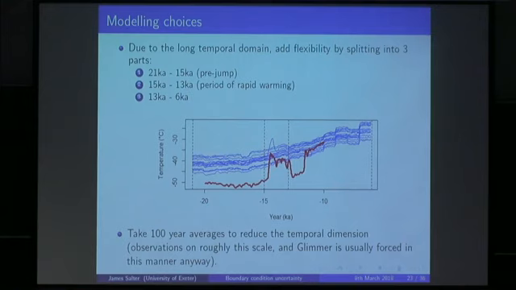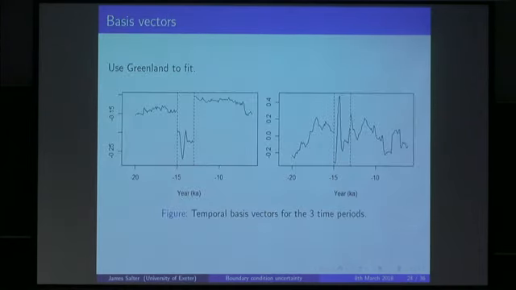We're also going to reduce the dimensionality a bit. We're just going to look at 100-year averages rather than trying to reproduce a temperature every single year and month, which is the sensible thing to do because the observations are roughly on this timescale anyway, and it's commonly what paleo people do with Glimmer anyway.